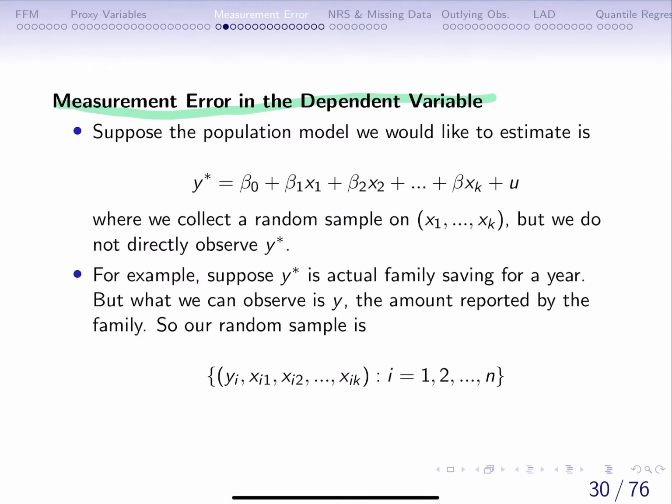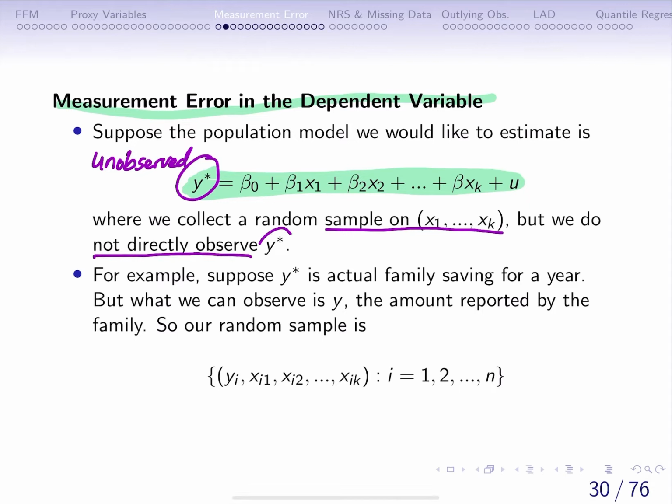Maybe we're interested in the following population regression model, where our dependent variable y star is unobserved. So we have a random sample on all our x's, but we do not directly observe y star.